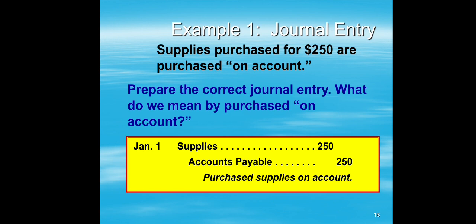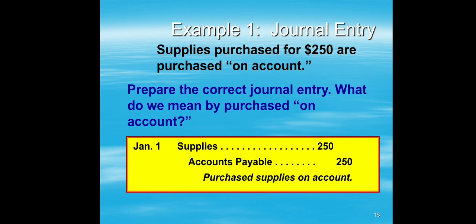And at the same time, liability increases. Why does liability increase? Because the business purchased on account. The business purchased today but will pay later. So the effect of this transaction on the accounting equation is asset supplies increase and liability accounts payable increase. The amount is 250.